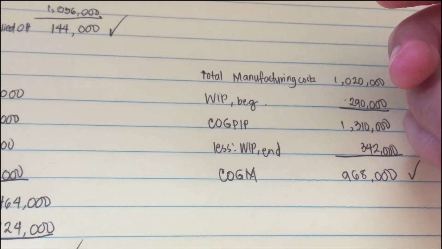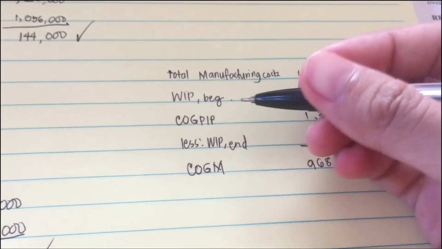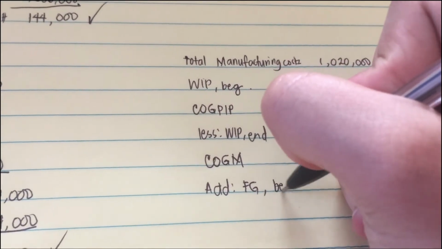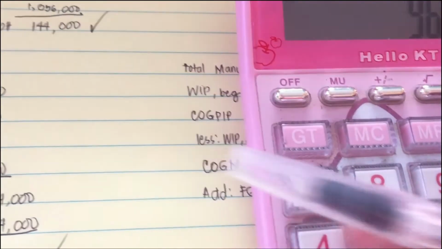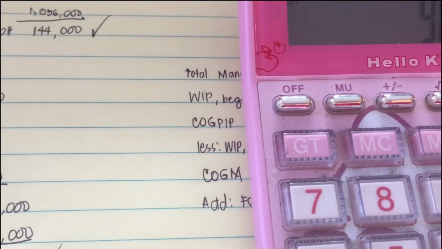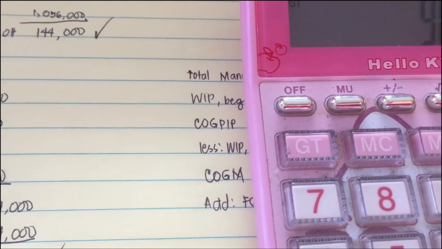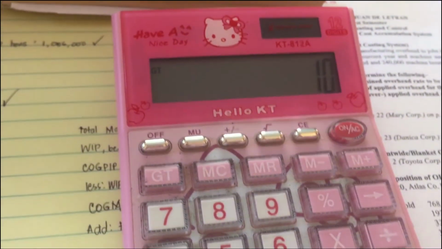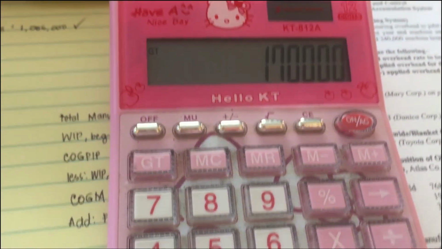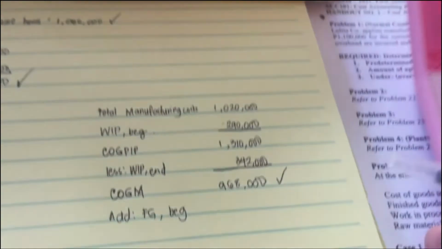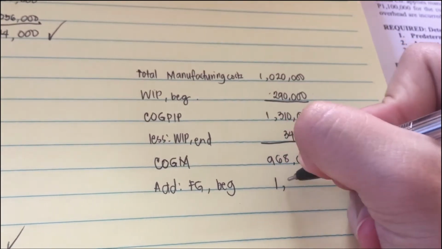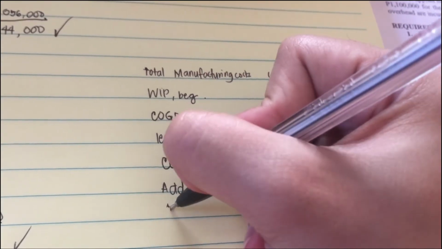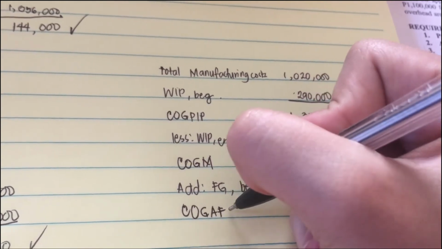Then, for the second to the last, the cost of goods sold. Add finished goods at the beginning. Our beginning finished goods is 170,000 pesos. So, we add 170 to 968: 1,138,000 pesos. This will give us the cost of goods available for sale.